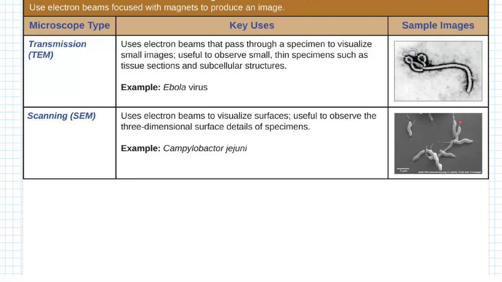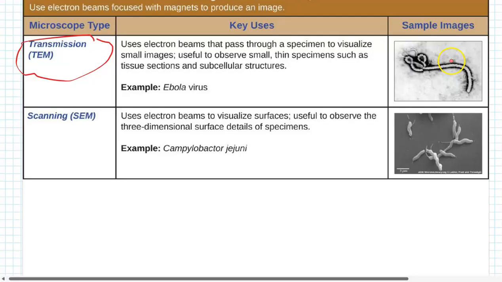So when you target an electron beam on your specimen, you can effectively produce two types of images. One of them is the transmission electron microscopy right here. In this case, the beam of electrons goes through a very, very thin slice of your specimen. Am I making sense? What you're seeing here is one of the most famous images in virology.